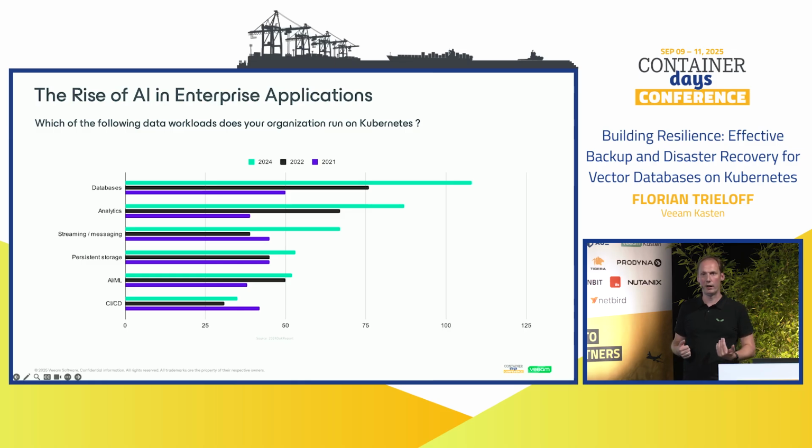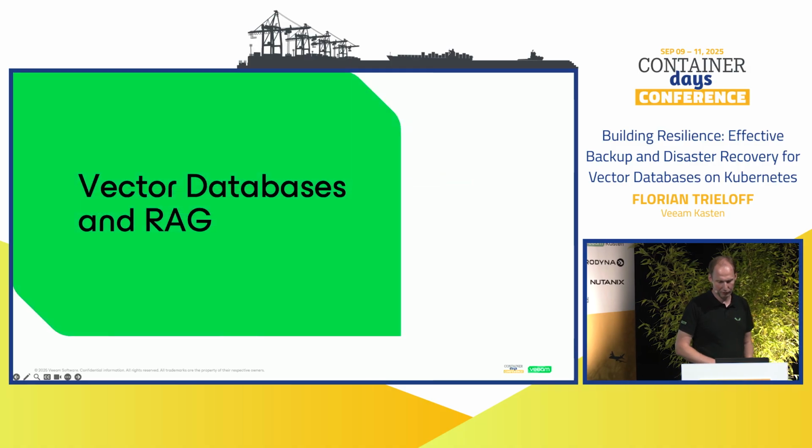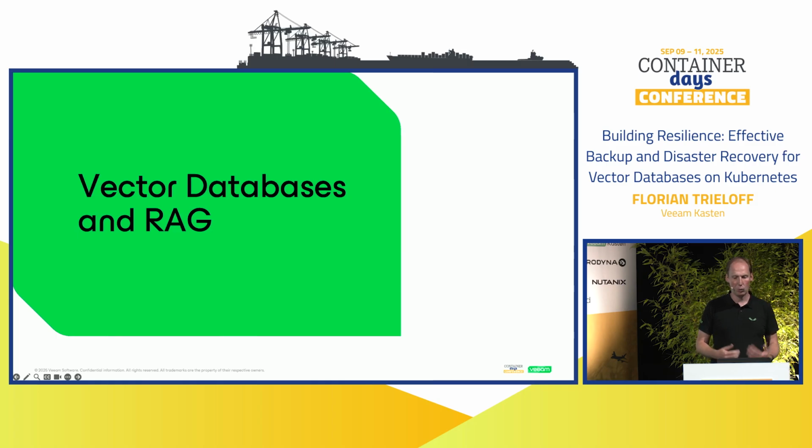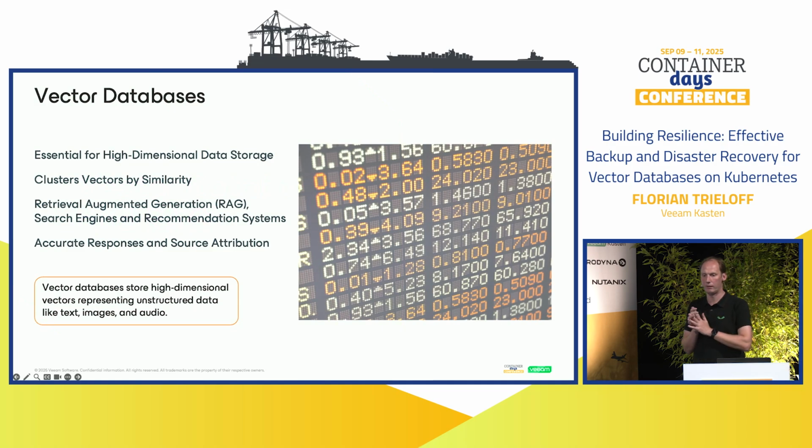We were really surprised, because some people are just telling us, everything's stateless, we have nothing to protect here. Yeah, we have all databases outside. But especially for AI applications, this is not really true, because a lot of people have their databases, like vector databases and RAG, running in Kubernetes together with their application here. And so, what about vector databases?